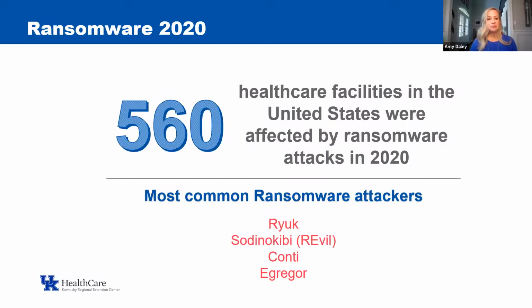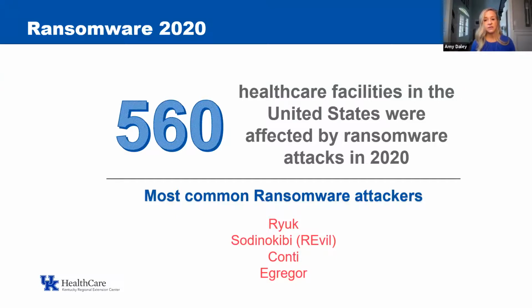So when we look at 2020, there were at least 560 healthcare facilities in the US that were affected by ransomware. Now, not all of those were reportable in nature. It comes down to whether an impermissible use was discovered.